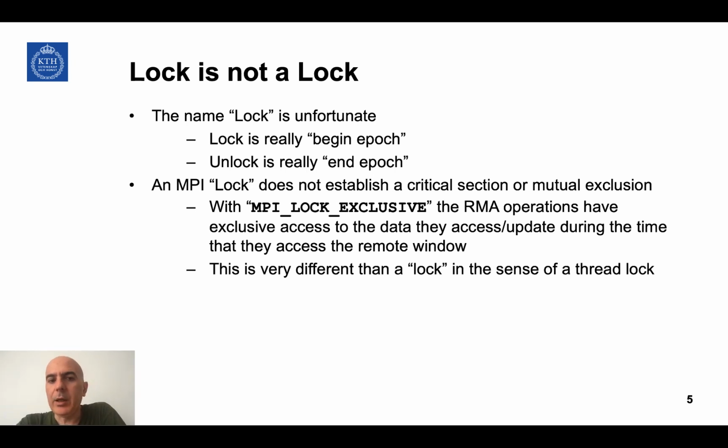An MPI lock does not establish a critical section or mutual exclusion like in shared memory programming. With the MPI lock exclusive, the RMA operations have exclusive access to the data they access or update during the time they access the remote window. This is very different from the concept of a thread lock that is used for a critical section or mutual exclusion.